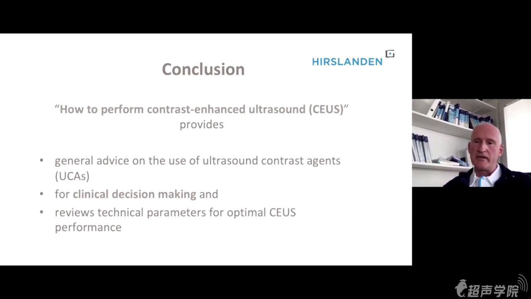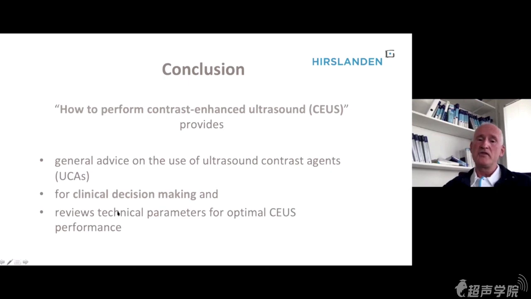That was a review of some aspects, tips and tricks of contrast-enhanced ultrasound. It provides general advice on the use of contrast agents for clinical decision making in the liver.